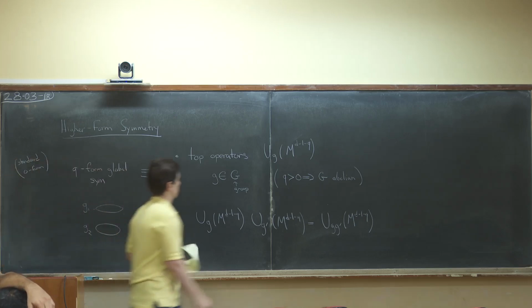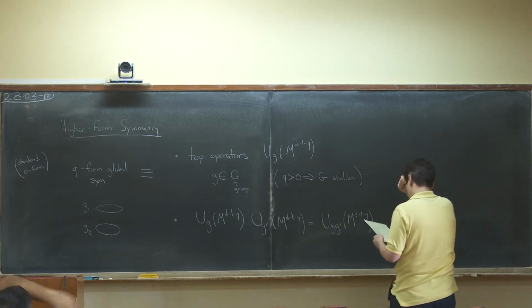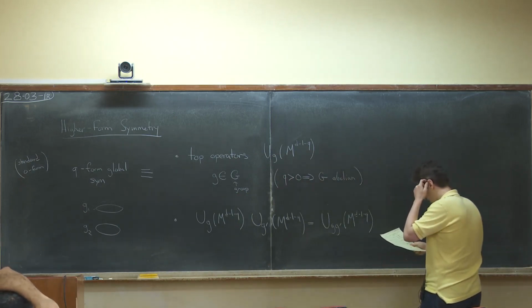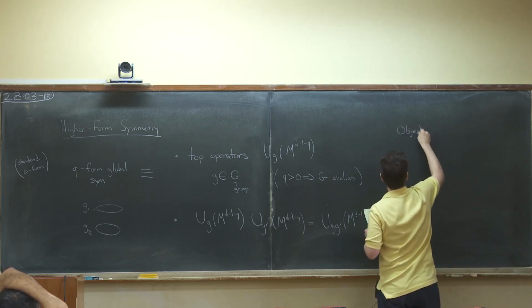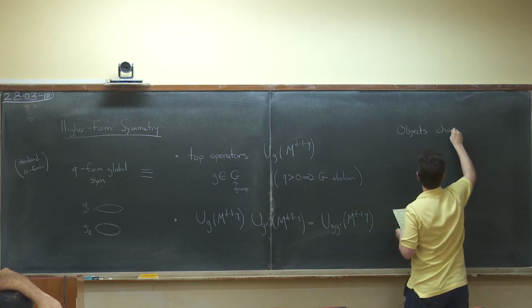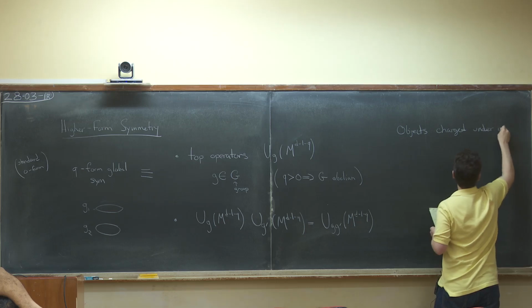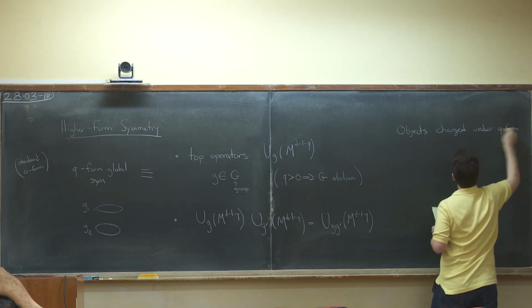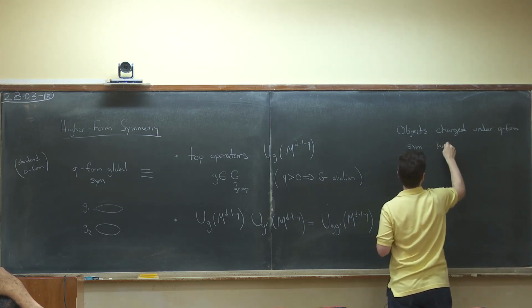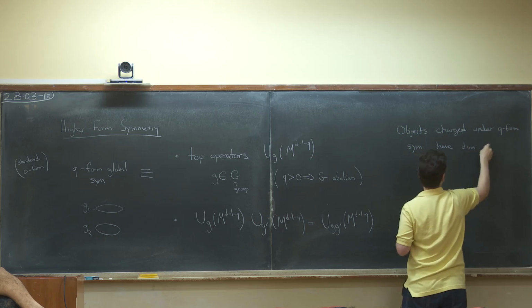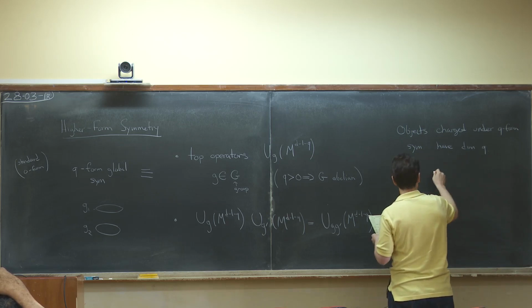Why call it Q form, since the dimension seems to have this funny offset by 1? You could think of it in terms of parameters, but I also think it's good to remember that the objects that are charged under a Q form symmetry have dimension Q. So what's the picture?